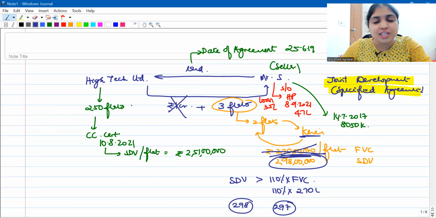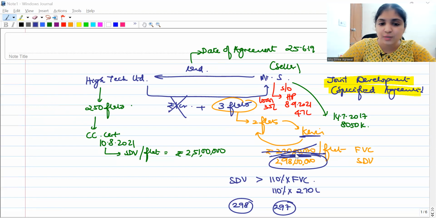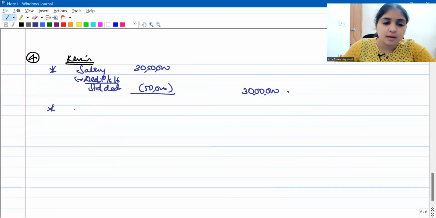Nothing but acquisition of immovable property for inadequate consideration. Hence, IFOS section 56(2)(10) will apply, right? So that will be our next adjustment here.